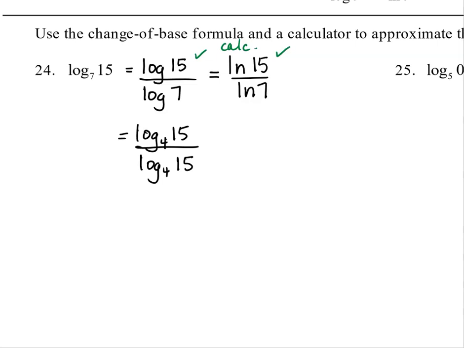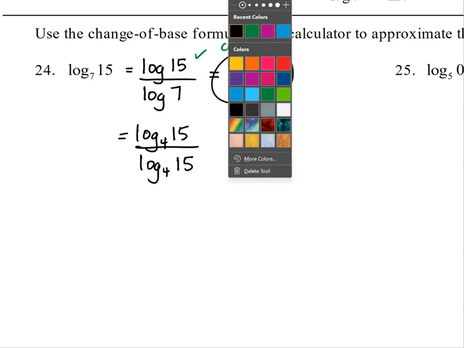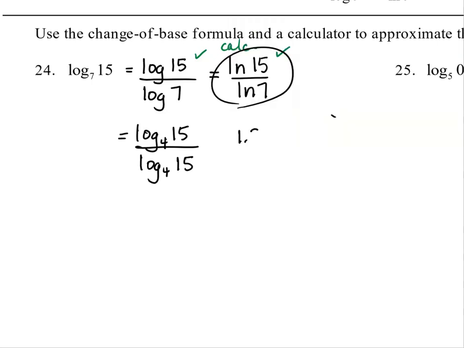So in my calculator, I'm going to just choose to type in this version. ln 15 divided by natural log of 7 gives me approximately 1.3917, rounded to 4 decimal places.